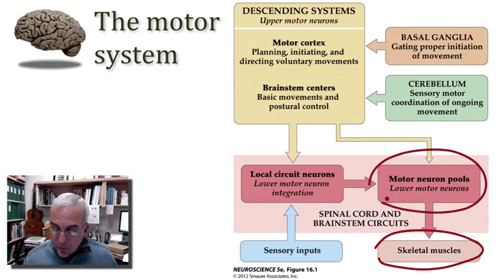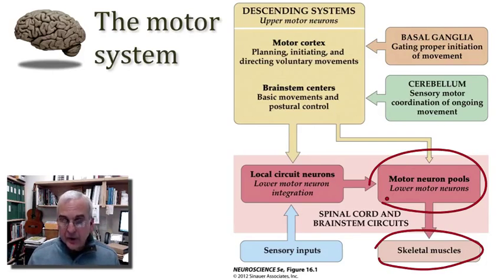And so these lower motor neurons exist within a lower motor neural circuitry that is found at every segment of the spinal cord, and for the cranial nerve motor nuclei also in the brainstem, in association with our cranial nerve motor nuclei.